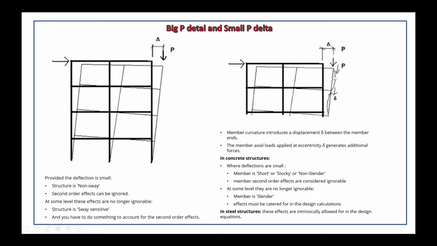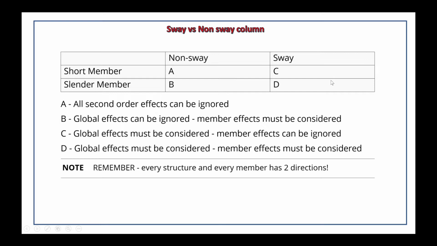And for the long column, we are concerned about the small delta. You can check the frame. And now for the short member and non-sway, all other effects can be ignored. So you can analyze and design without including the notional load, the geometric imperfection, the global imperfection and local imperfection.